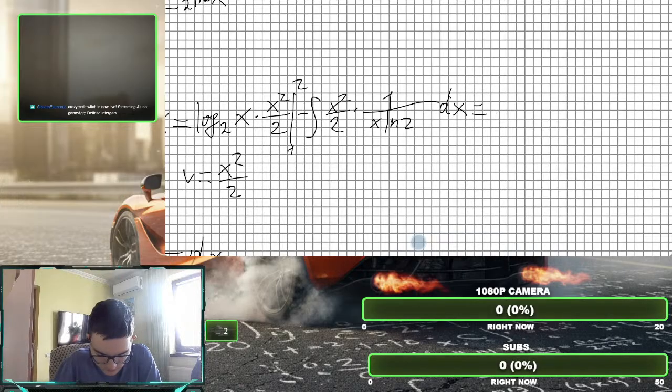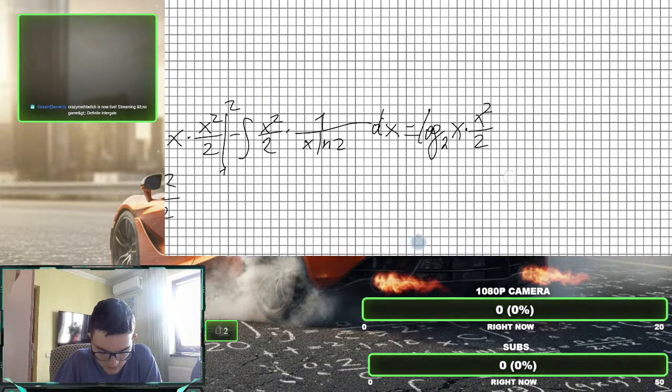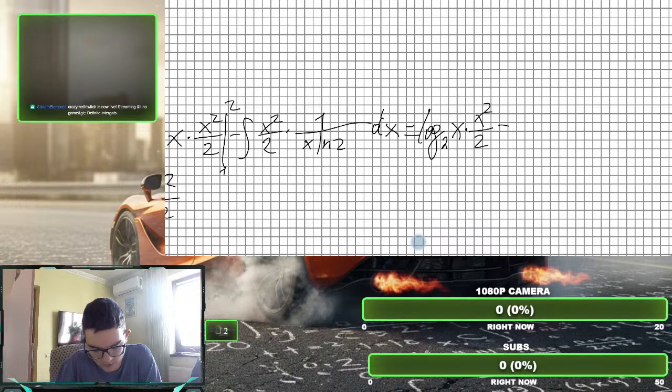I'm gonna leave it as is for now, log 2x times x to second power divided by 2, and there with integral I'll have x to the second power divided by 2x ln 2, something like this. I guess I can move some of the numbers. No, there's no numbers to move in front of the integral.